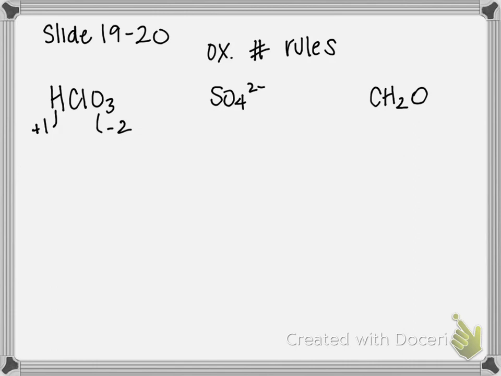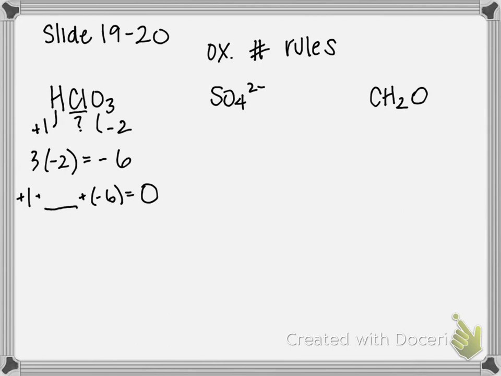Sorry, let me start over on that, because we have 3 oxygens. We have +1 from the hydrogen. If we have 3 times -2 oxygens, that's a total of -6. So if we're adding them all up together, it's +1 plus some number, which is what we're trying to figure out for chlorine, plus -6 gives me 0.